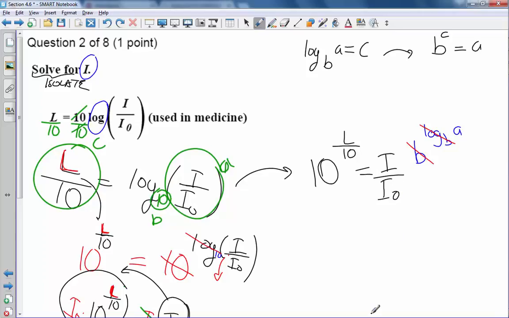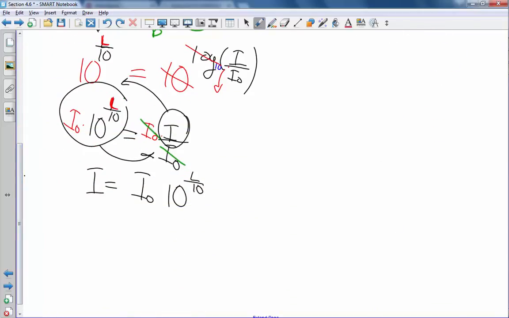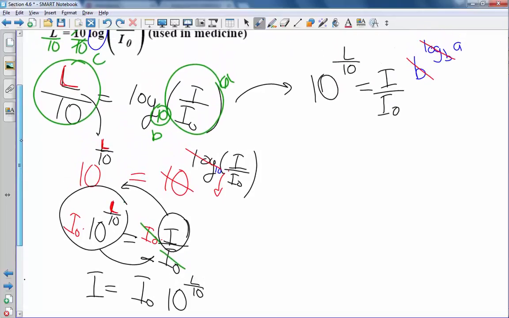Look, did we get the same thing? Yeah, look at this. Where is it? Here. When you cancel these, you get L over 10. L over 10 equals I over I0, right? Aren't they the same? No, they're not. Because this is 10 raised to L over 10, right? They don't cancel. So when I cancel this, I over I0 is what I get here on the left, 10 raised to the power L over 10.